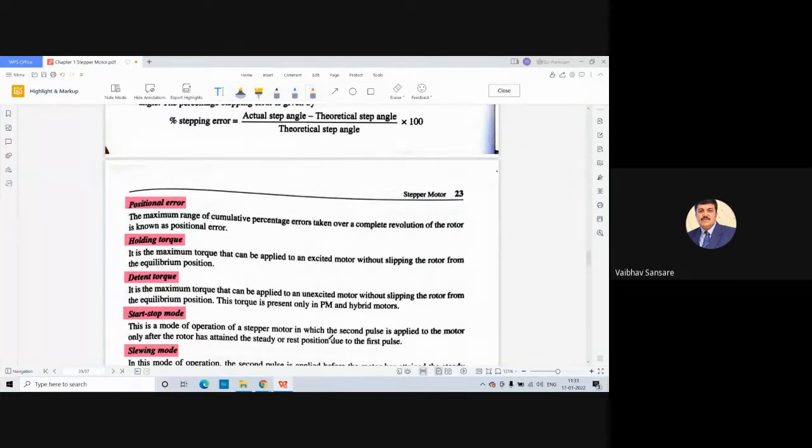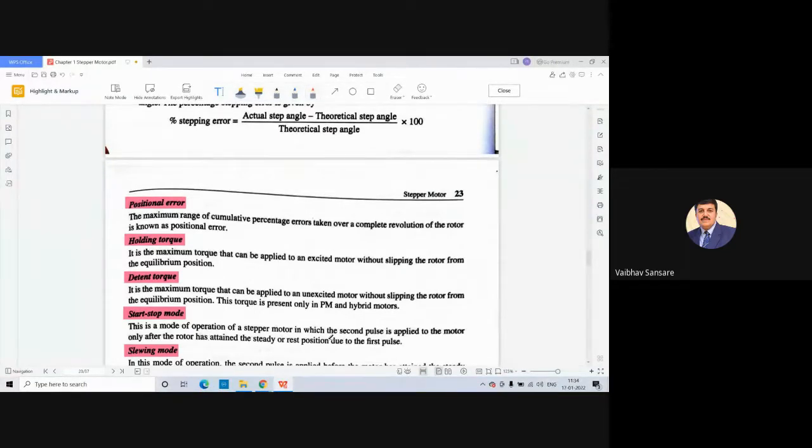As we have already seen, detent torque is only there for the hybrid motor and permanent magnet motor, because the rotor of the hybrid and permanent magnet motor has permanent magnets on it. Due to the presence of that permanent magnet, magnetic interlocking takes place between rotor teeth and stator pole whenever the motor is in an unexcited condition.